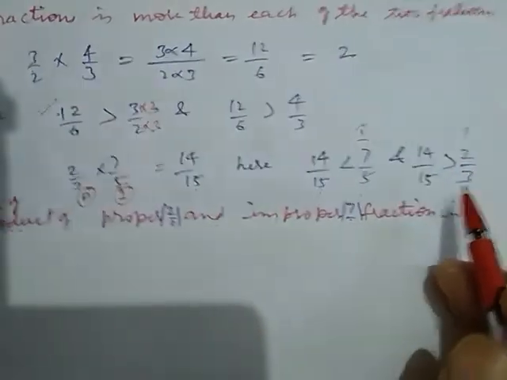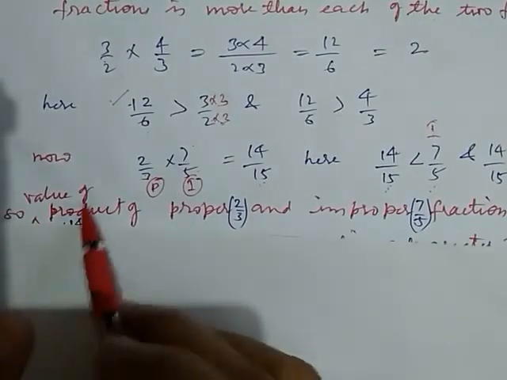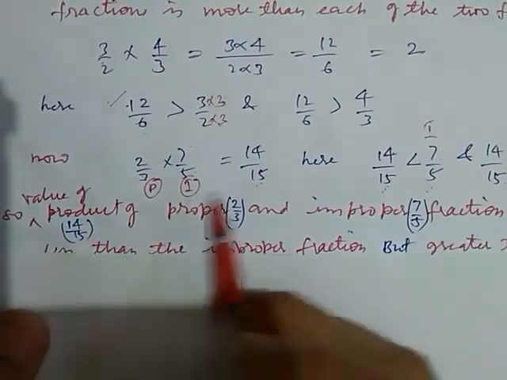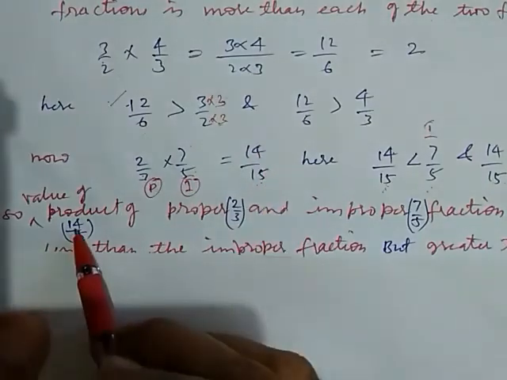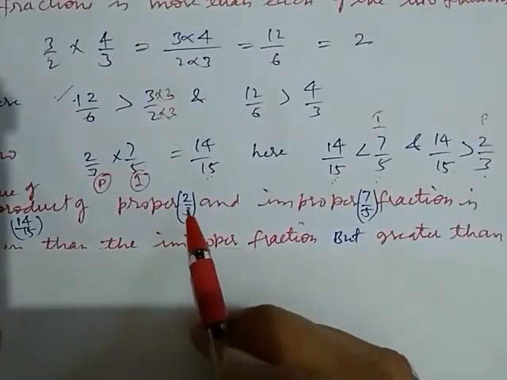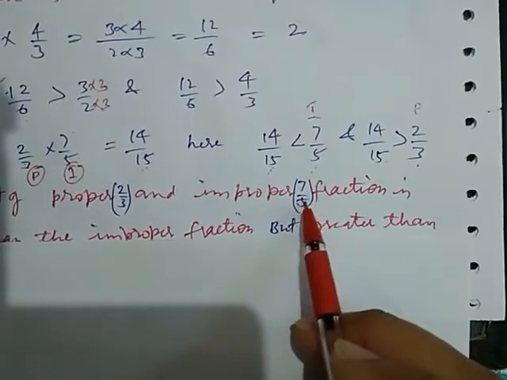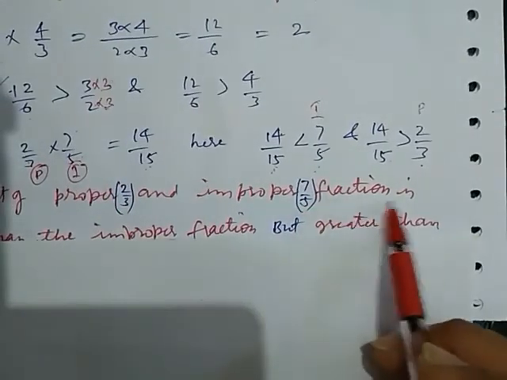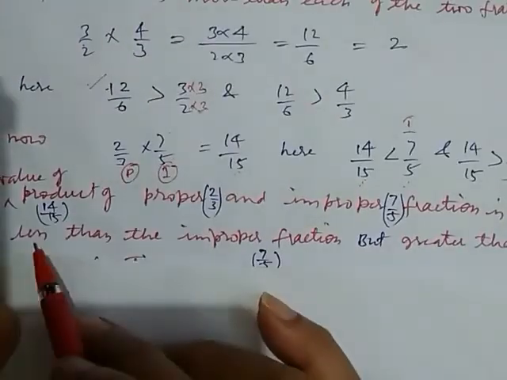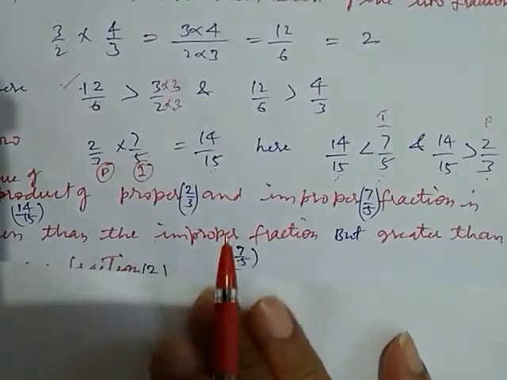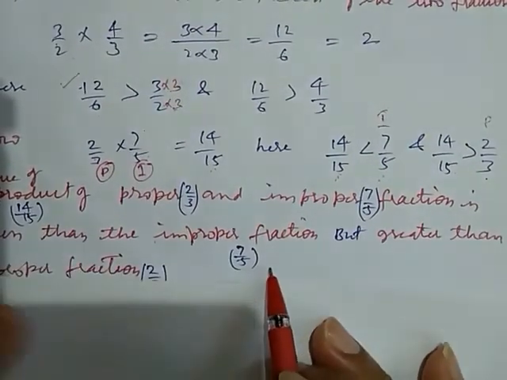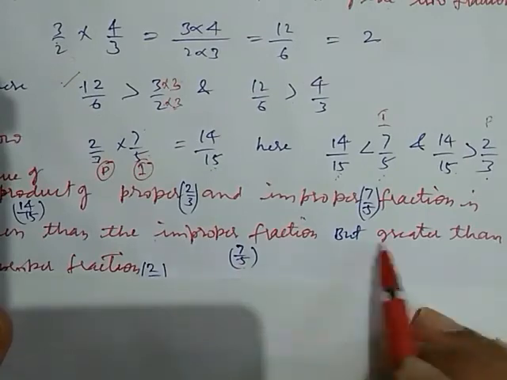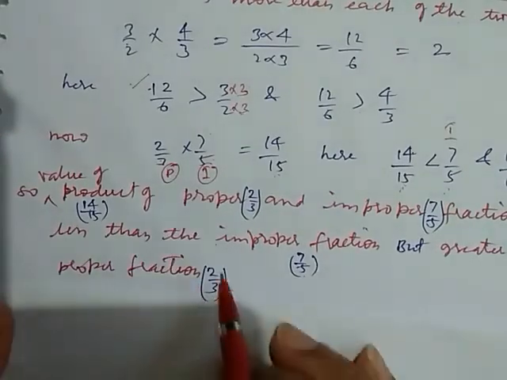So we can conclude, the value of the product 14 by 15, of the proper fraction 2 by 3 and the improper fraction 7 by 5, is less than the improper fraction 7 by 5 but greater than the proper fraction 2 by 3.